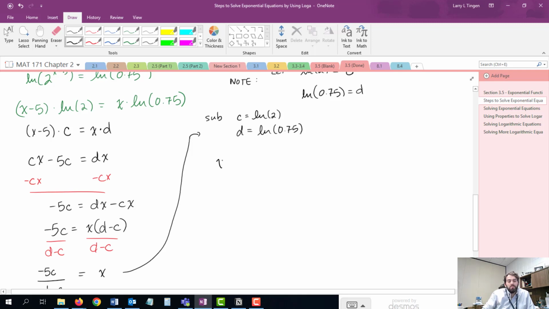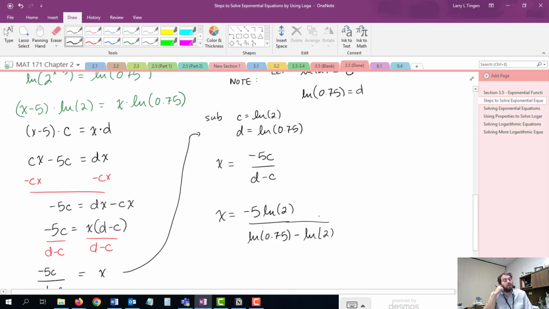So my problem, x is equal to negative 5c over d minus c, becomes negative 5 times the natural log of 2 divided by d, which is the natural log of 0.75, minus c, which is the natural log of 2. And that is my answer.